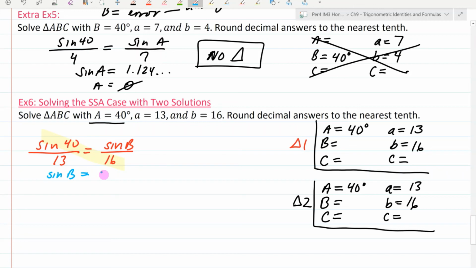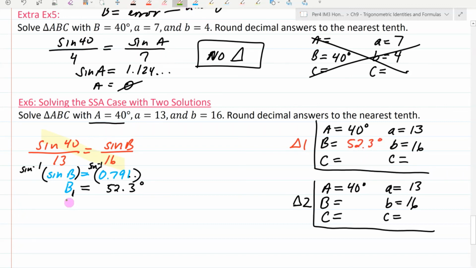Sine of B. And again, if I'm going too fast, you should pause it before I do the work, because I've done the work ahead of time so that the video isn't too long. When you solve for B, when you do inverse sine of both sides, you should get B is equal to 52.3 degrees. That's the first B value. So the first B value for the first triangle is 52.3 degrees.